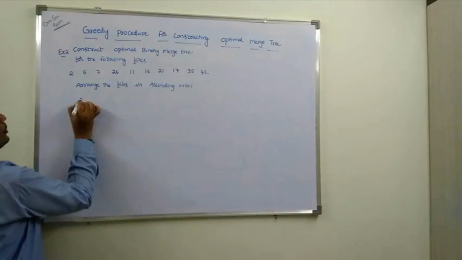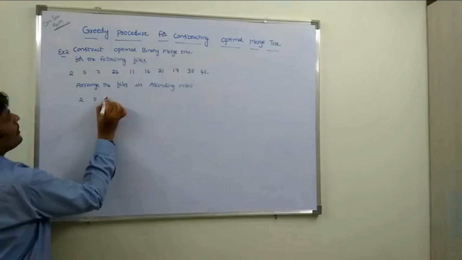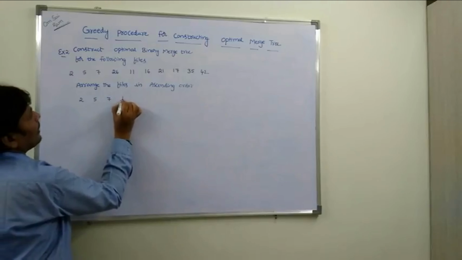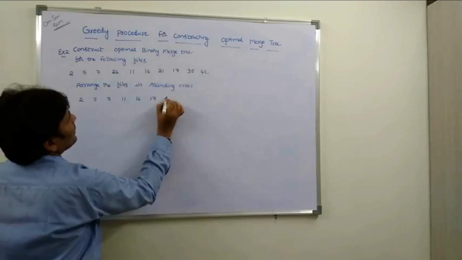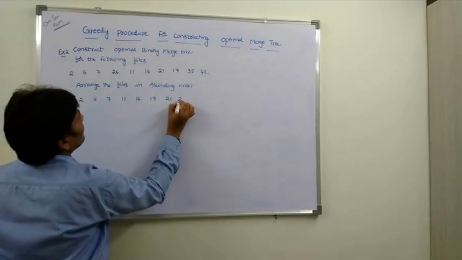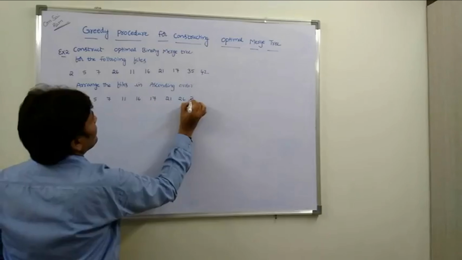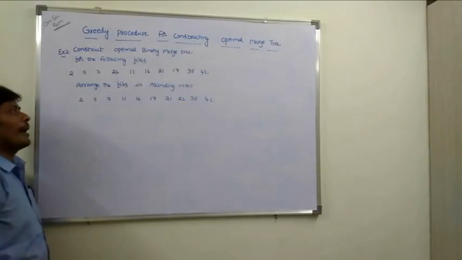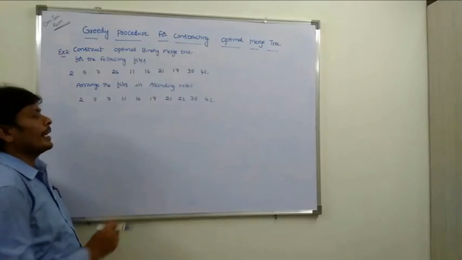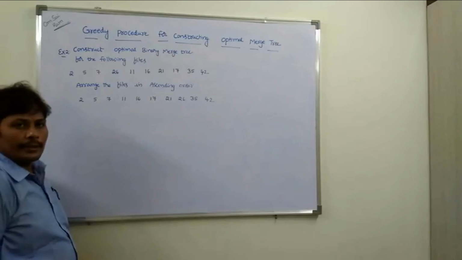So 2, 5, 7, 11, 16, 17, 21, 26, 35 and 42. After arranging the files in ascending order, this is the result.